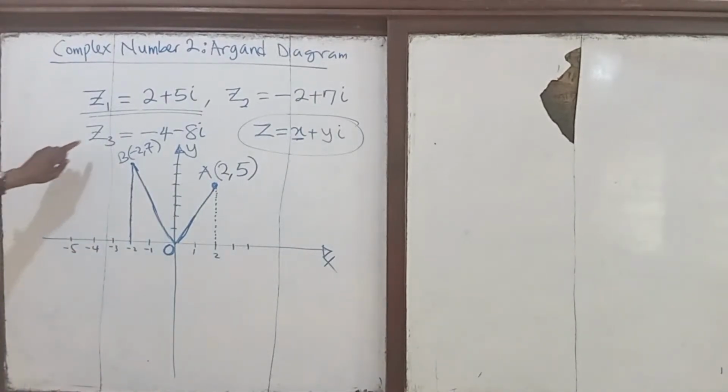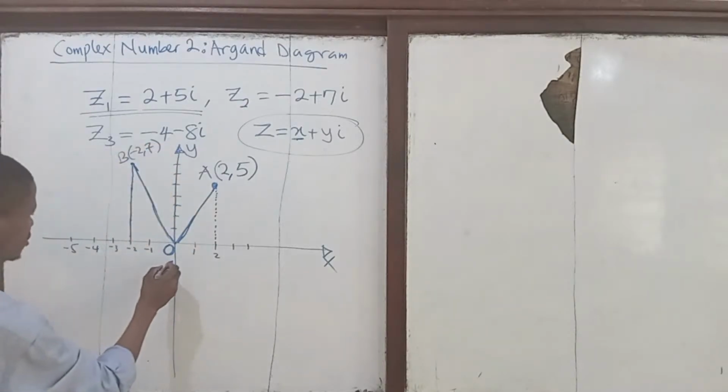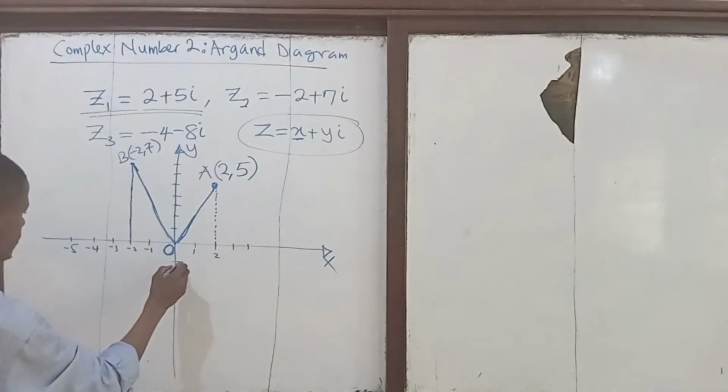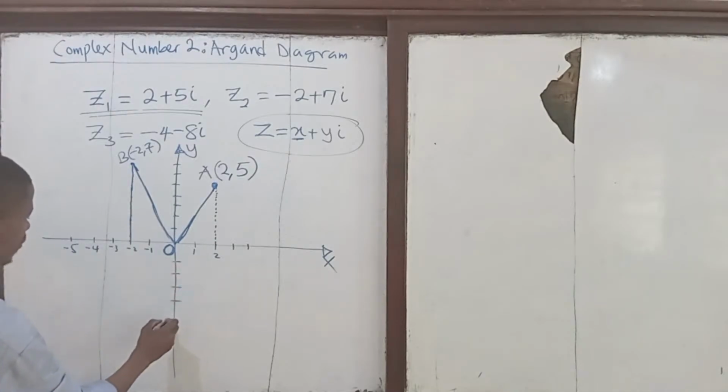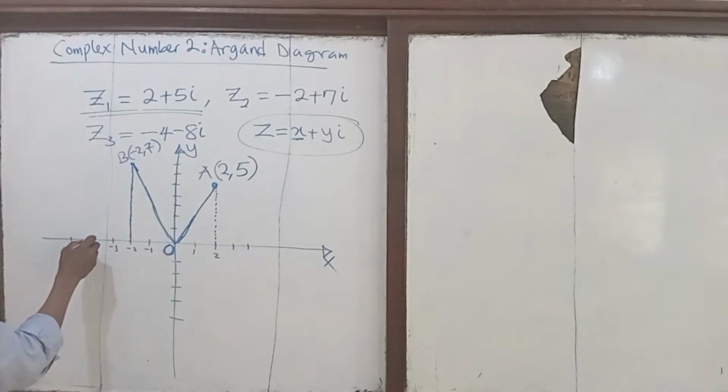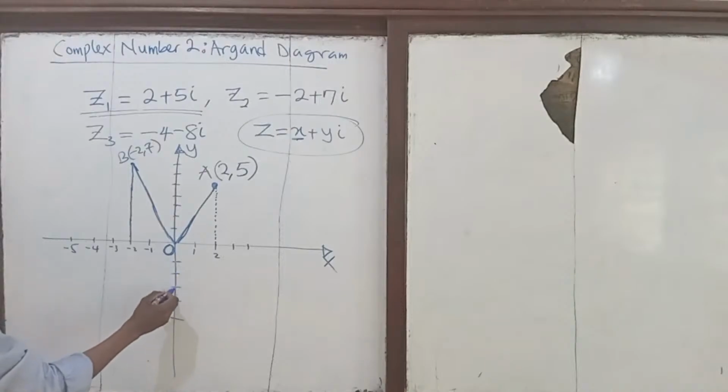The last one, z3, is equal to minus 4, comma 8. So that means x is what? Let's indicate this one: minus 1, minus 2, minus 3, minus 4, minus 5. So when we have x as minus 4, then we have y as 8: 1, 2, 3, 4, 5, 6, 7, 8.